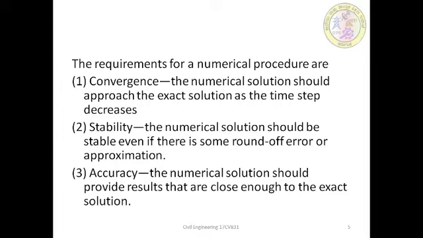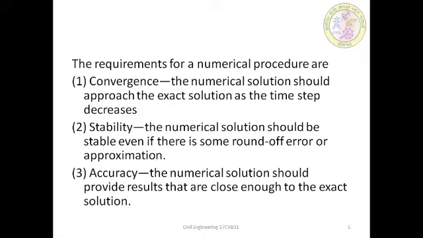Many approximate procedures are numerically possible. The requirements for numerical procedures are, first, convergence: the numerical solution should approach the exact solution as the time step decreases.